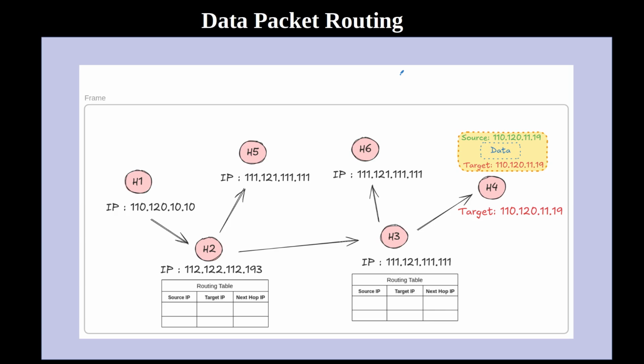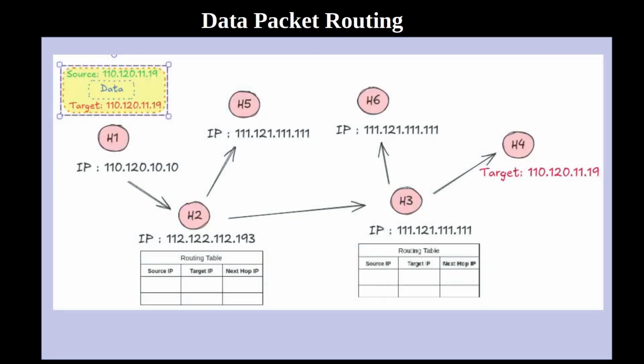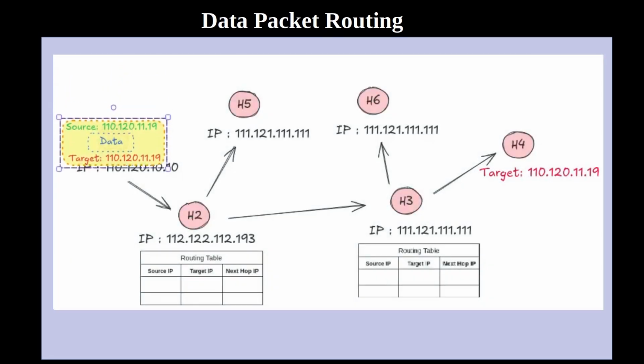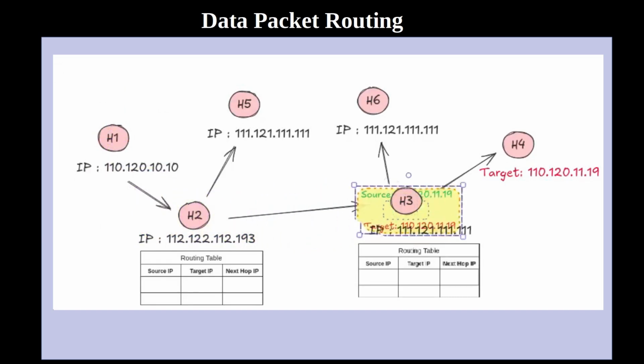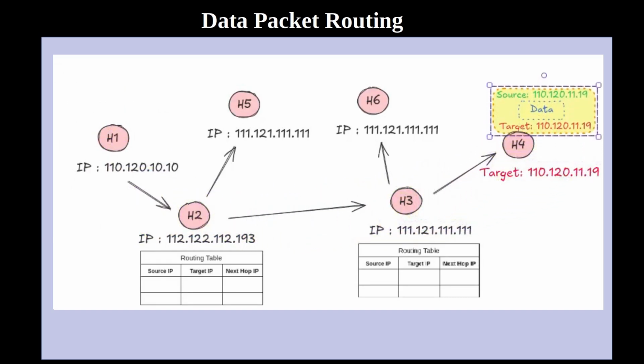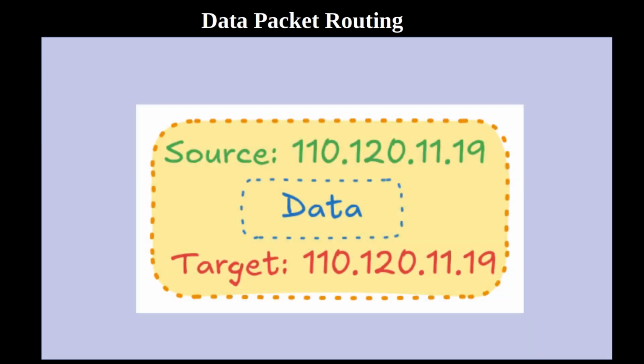Host H1 wants to send a data packet to host H4. Now there is no direct path or connection between H1 and H4. But a data packet can reach H4 after going through a number of intermediary hosts, which can be servers or routers.